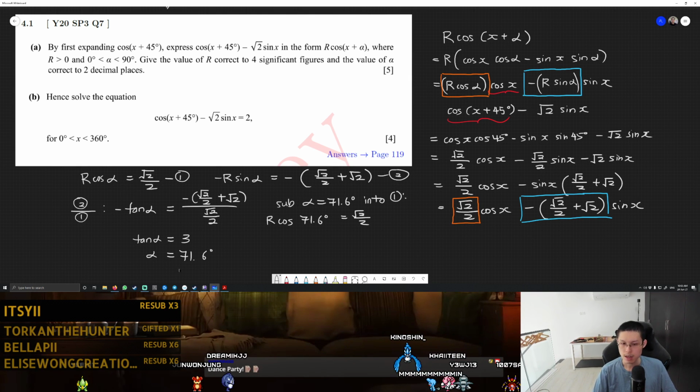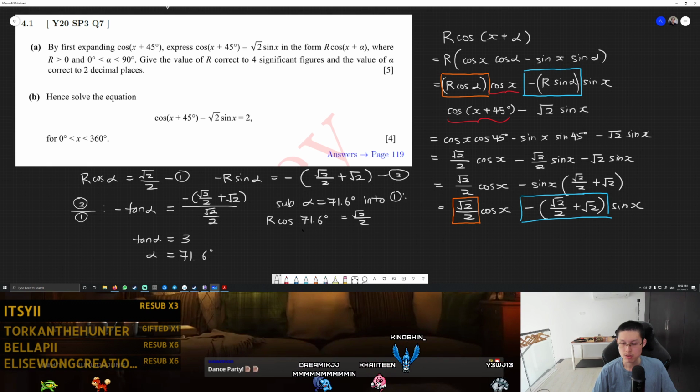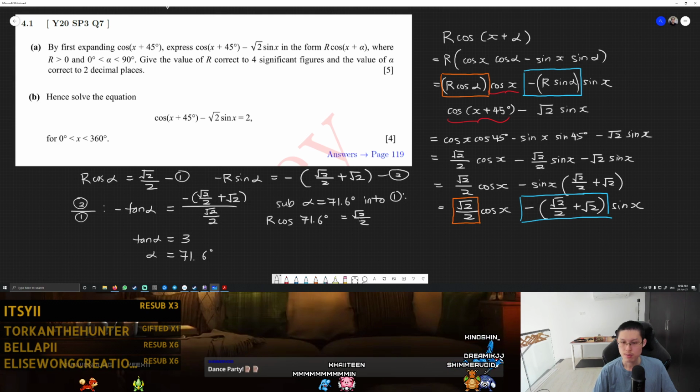You should be careful here, and instead of using 71.6, you should use the unrounded figure in your calculator, because if you use the rounded figure, you're going to be rounding off twice, which might give you an error, so you might lose the accuracy mark at the end. So you should use the unrounded value when you put it here.